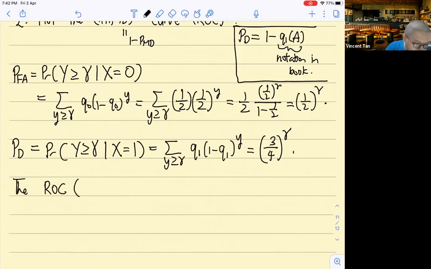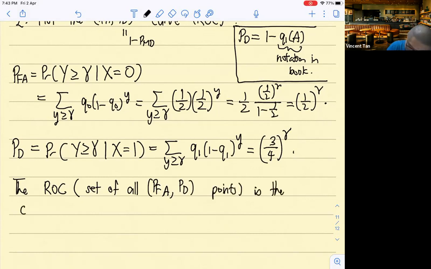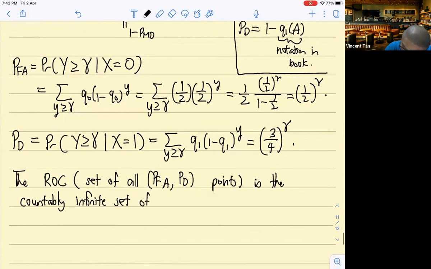The ROC, which is the set of all PF, PD pairs. Sometimes they call it PFA, sometimes they call it PF, but never mind. The point is it is a countable set, let's say countably infinite to be more precise, of pairs of points as I vary gamma.